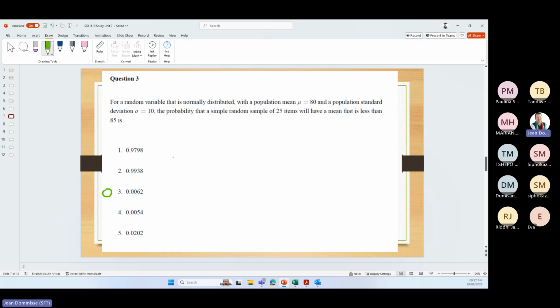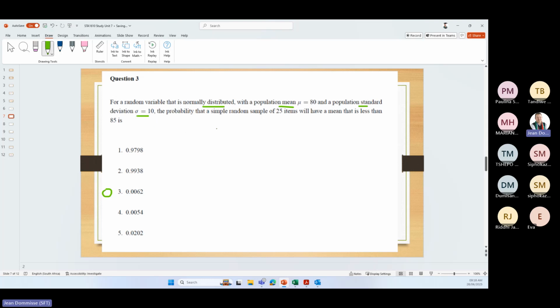Okay, so let's look at this question. From a random variable, normally distributed, got the population mean. So now we know we are going to work with something about the mean. They will probably give us a standard deviation.